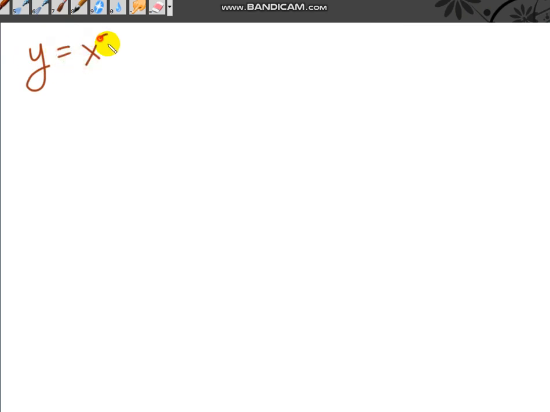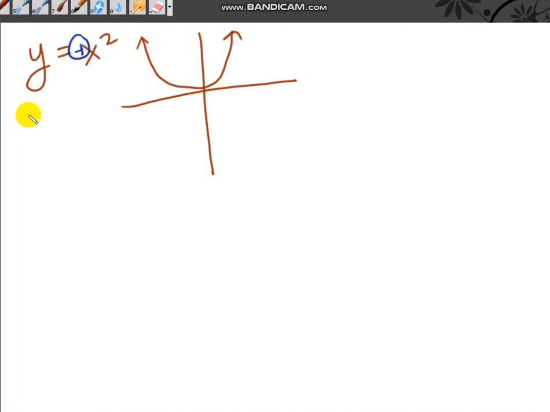So let's say we have the function y equals x squared, or just in general, any sort of parabola that looks like this. As long as you see that the sign in front of here is positive, what we're going to have is eventually that parabola is going to reach a minimum value.